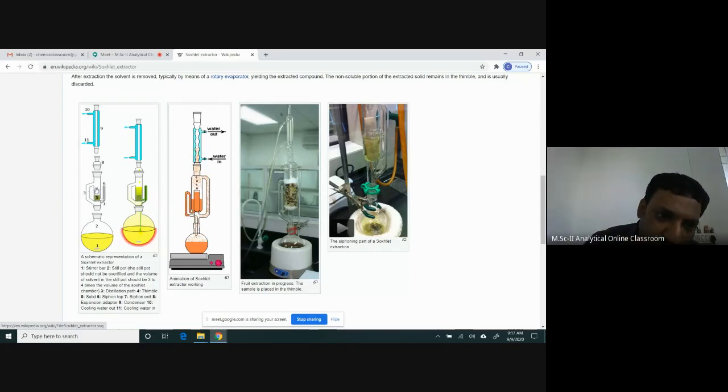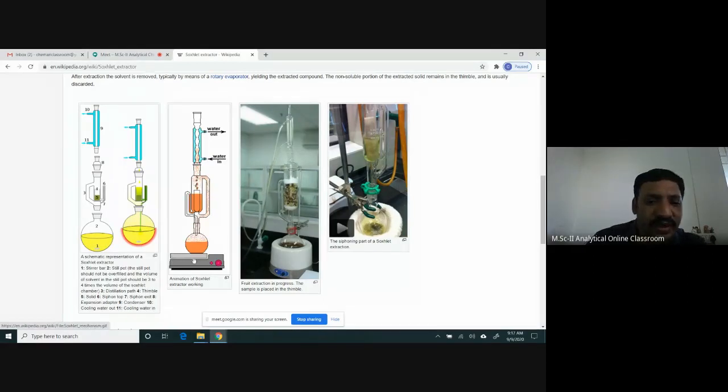So here is the plant material, the solid. And this round bottom flask contains the pure solvent in which the pigments are dissolved.